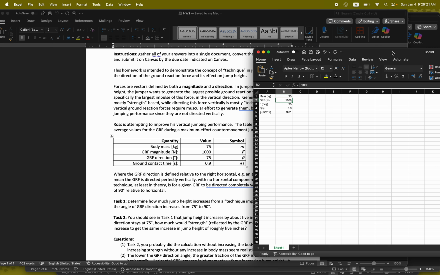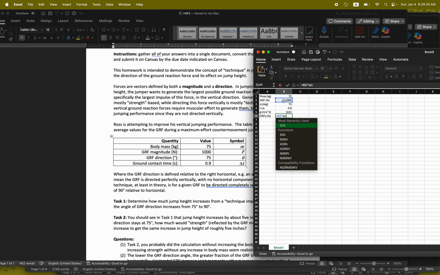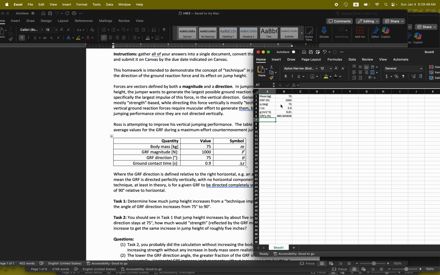So first I want to figure out the vertical component, GRFY, of the ground reaction force. That's going to be the overall force magnitude times the sine of that angle. Sine expects my angle to be in radians, so I'm going to multiply those degrees by pi over 180. And that gets me the fraction of that ground reaction force that's directed in the vertical direction.